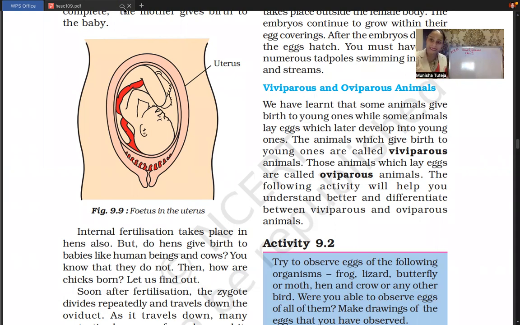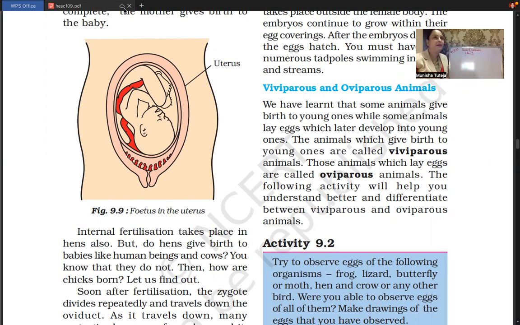That means humans are also a type of animal in the language of science. They are social animals, right? So we know that humans give birth to babies.